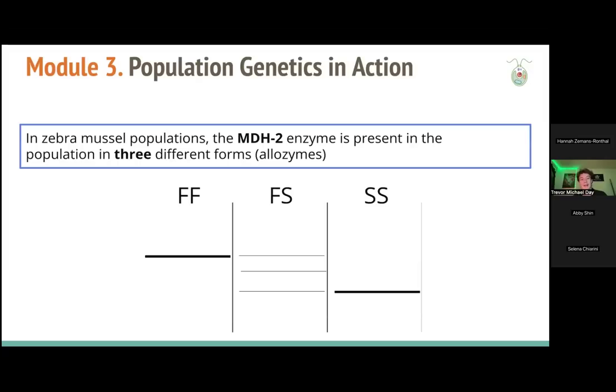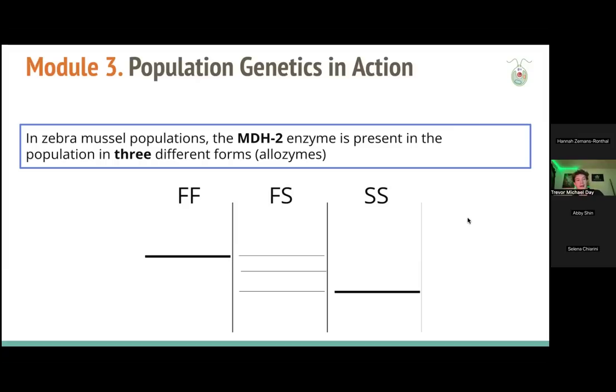And the fact that they were present in different forms means that when run on a gel, the banding patterns that you will observe will be very different. So I've summarized the banding patterns in this figure, which I believe is straight from your lab materials. So definitely something to review for the final exam. Make sure you know and understand these banding patterns and the information that they communicate.